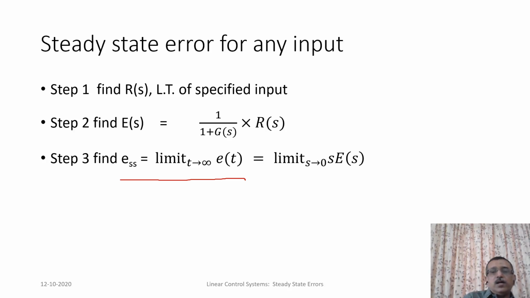So according to the final value theorem, limit t tending to infinity e(t) is equal to limit s tending to 0 of s E(s). I don't want you to switch off your ears, okay? This is a very important rule in Laplace transforms. So we can find the limit very easily.